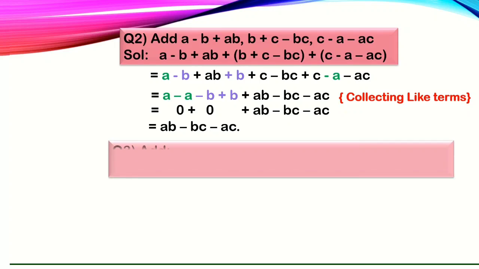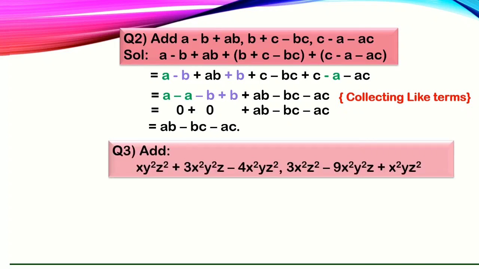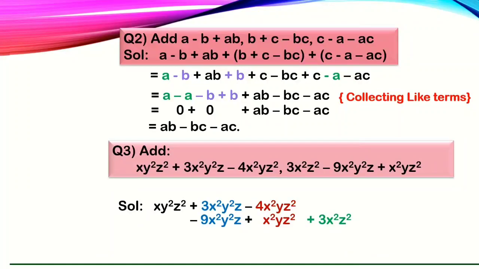Right? Next question. Add, again add. So these are the expressions, one trinomial and another trinomial. Now this I'm going to do in the vertical way, that is the column method. First I have just written the first expression as it is, and then I have arranged the second expression as per the like terms. So x square z square, is there any term like that?